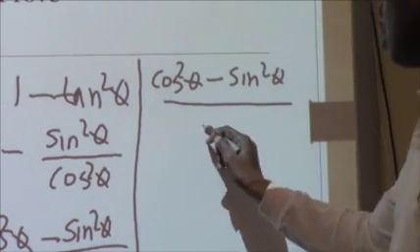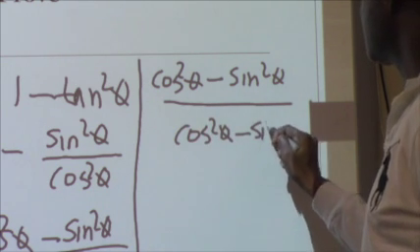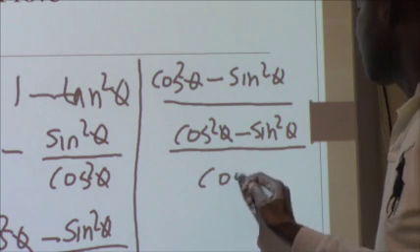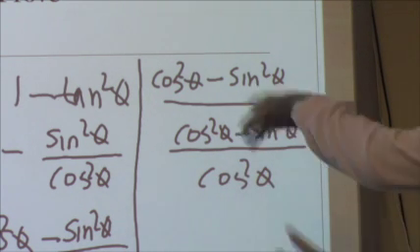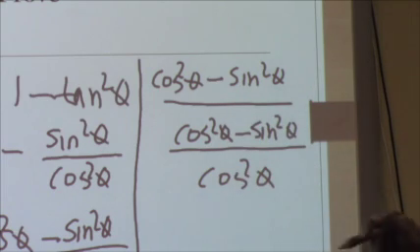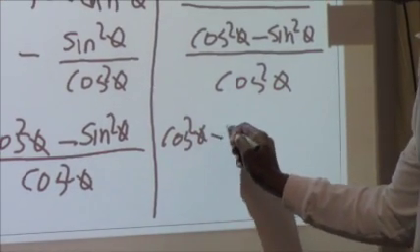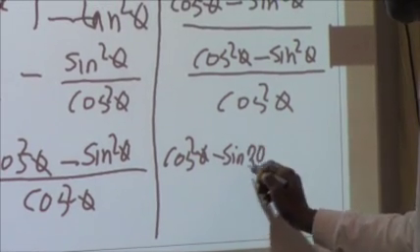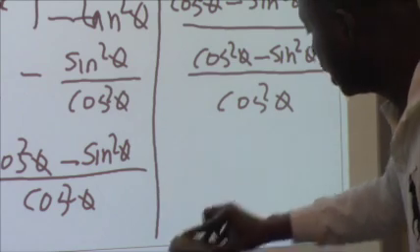So now I can rewrite the situation over here as cosine squared theta minus sine squared theta, divided by (cosine squared theta minus sine squared theta) over cosine squared theta. Now, you understand, this means I'm dividing this by this, so I'm multiplying by the reciprocal. Sine squared theta, not sine of 2 theta. Let me do that again.